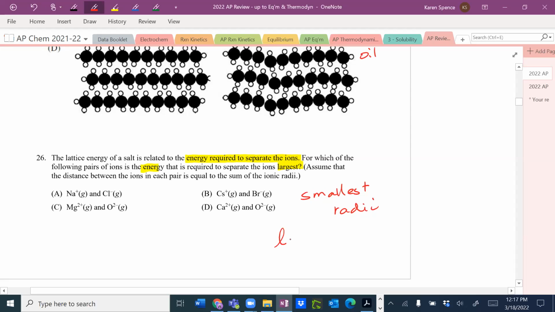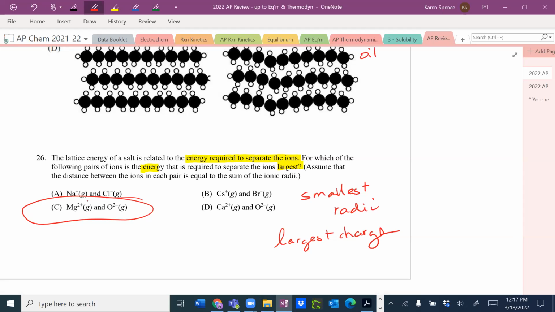And we're also going to be looking for the largest charge. My guess right off the bat is going to be that one, because I've got big charges and I know magnesium and oxygen are near the top of the periodic table, so they have fewer shells than, say, calcium or cesium. So let's just double check.